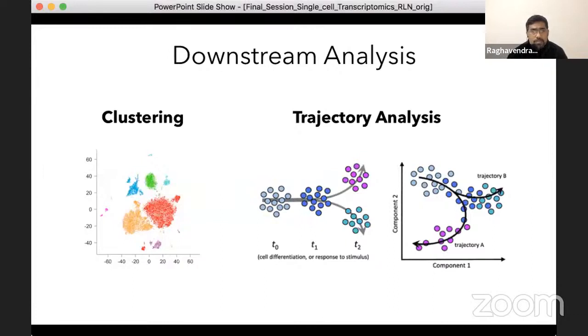This is often performed using dimensionality reduction techniques like PCA or t-SNE. Trajectory analysis helps us compare cell differentiation, or cells that have different expression levels, based on the trajectory of these differentiation times.